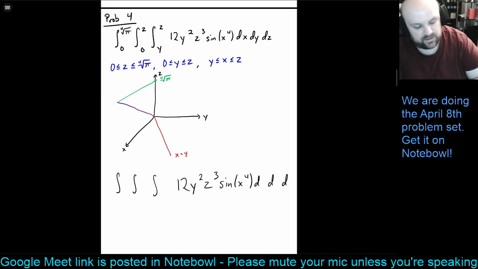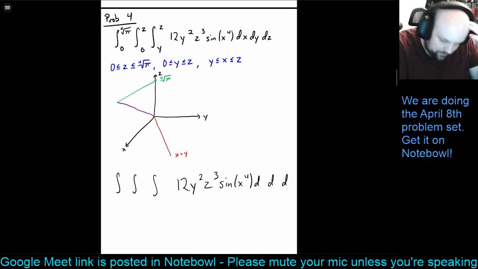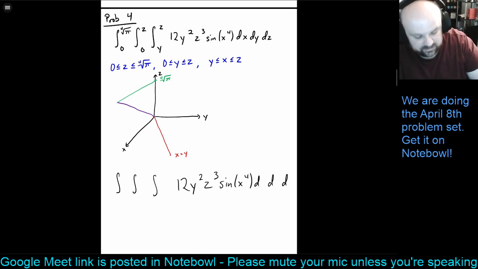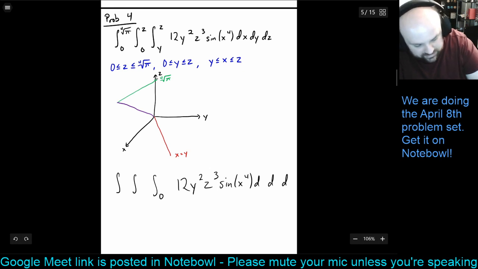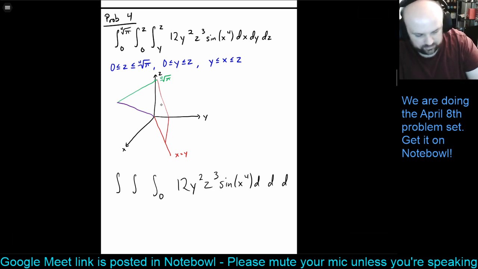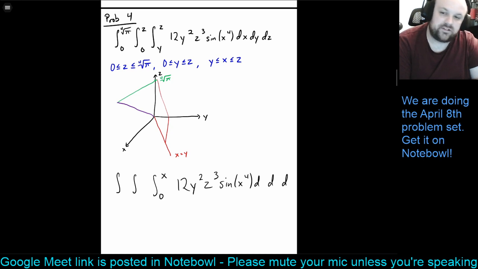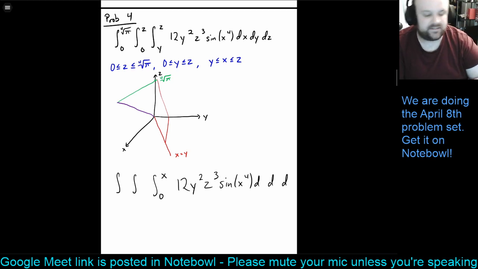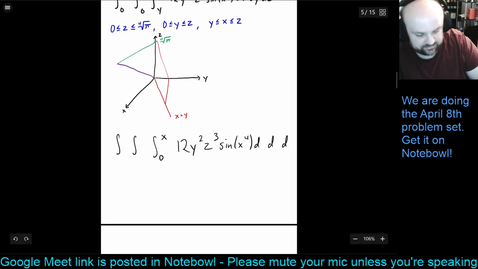If we remember that shape, y is going to start back here on the xz plane. So it's going to start at 0, and it's going to go all the way up to this plane, y equals x. So the upper bound here is x. Now, if we integrate the x out of it, what we get left, the shadow of the shape, is this purple-green triangle I have right here.